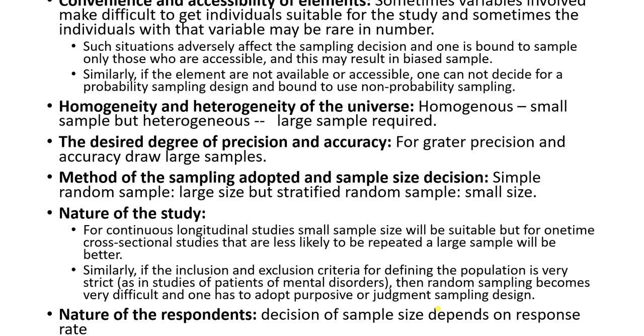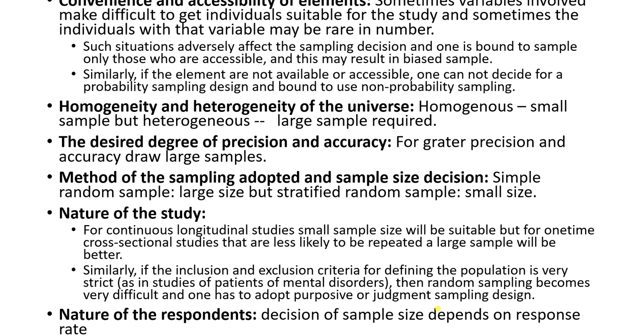Similarly, what method of sampling are we using? If we are using simple random sample, then a large sample will be required. But if we are going for a stratified random sample, a small sample size may also give a representative sample. So the size of the sample also depends on the sampling method.